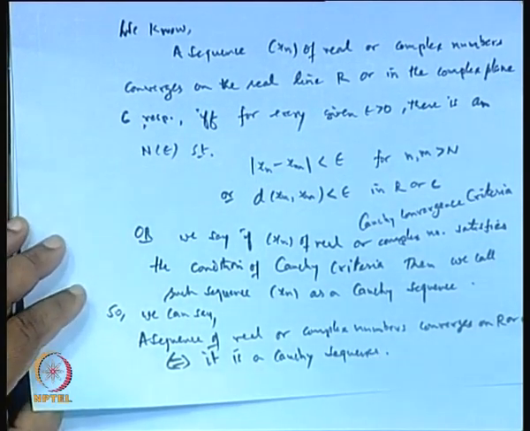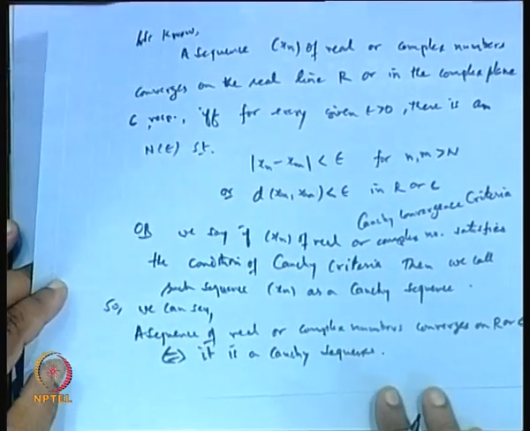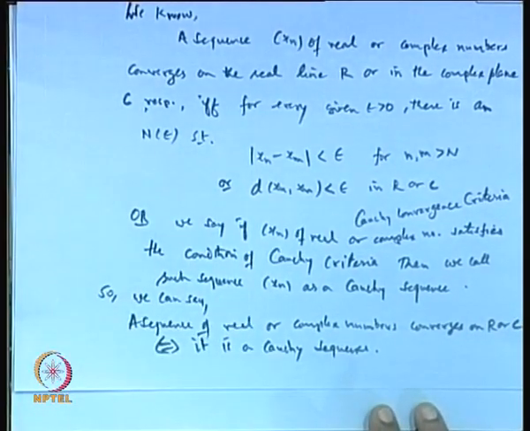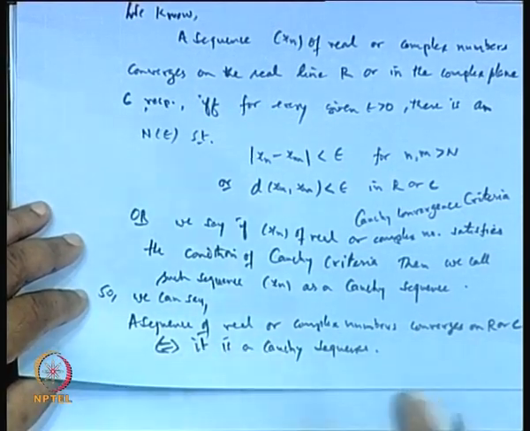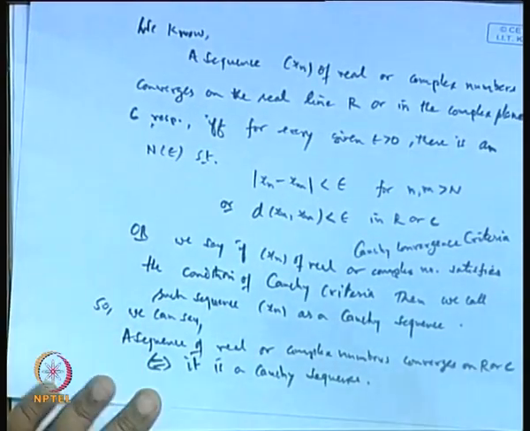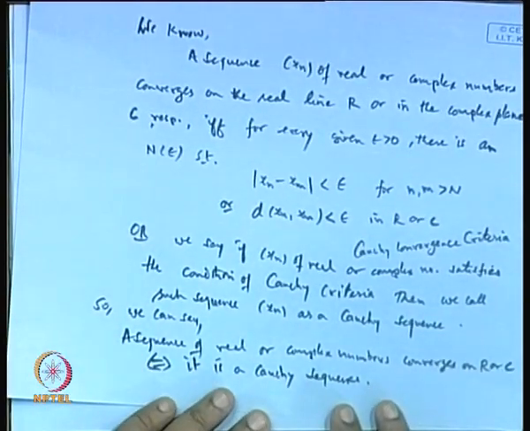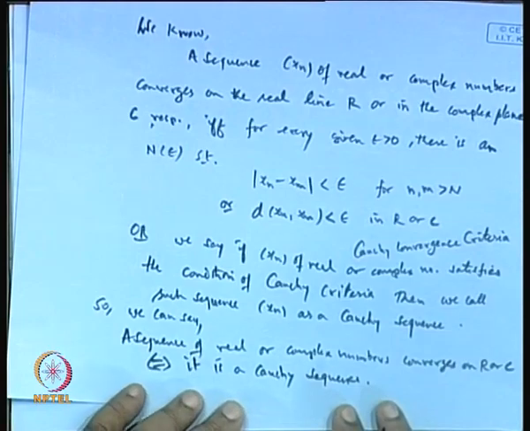This criteria is well known, and we know that for sequences of real or complex numbers, if convergent, it will be Cauchy and vice versa. Clear? And that is why we say the real or complex numbers form a complete space.